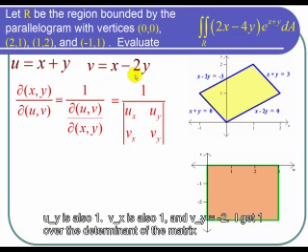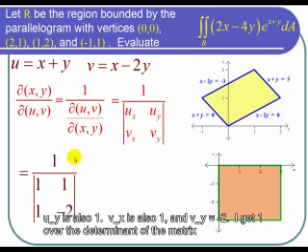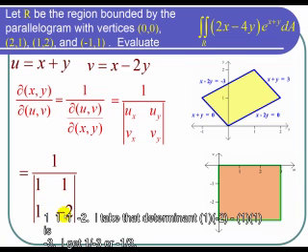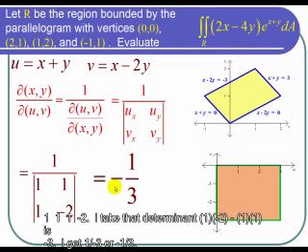And v_y is -2. So I get 1 over the determinant of the matrix [1, 1; 1, -2]. That determinant, 1 times -2 minus 1 times 1, is -3. So I get 1 over -3, or -1/3.